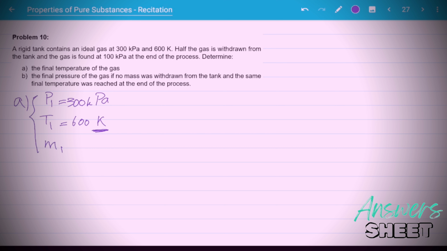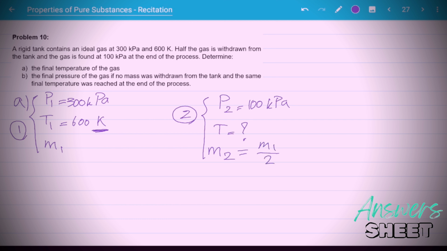We don't know how much mass we have, but we know that it's M1. This was initially. Now, finally, at state 2, we have the pressure, which is 100 kilopascals. We don't know the temperature. And we know that the second state or final state mass is half the initial mass.